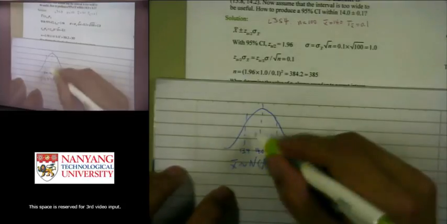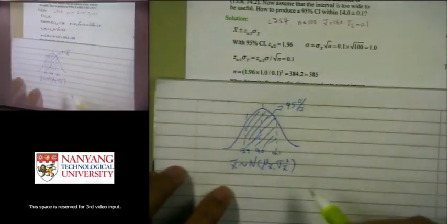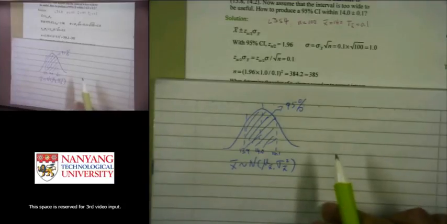Right? They want this part to equal 95%. How?